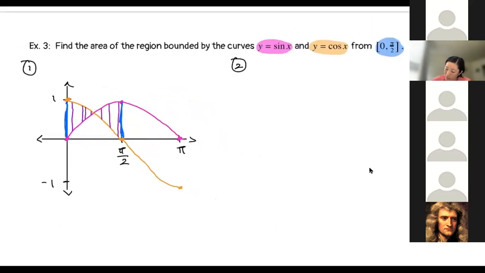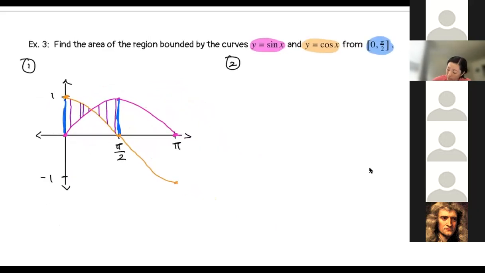Now, typically our step 2 has been finding intersection points, but in this case, maybe since the bounds are already given, what might be useful to know in our picture?